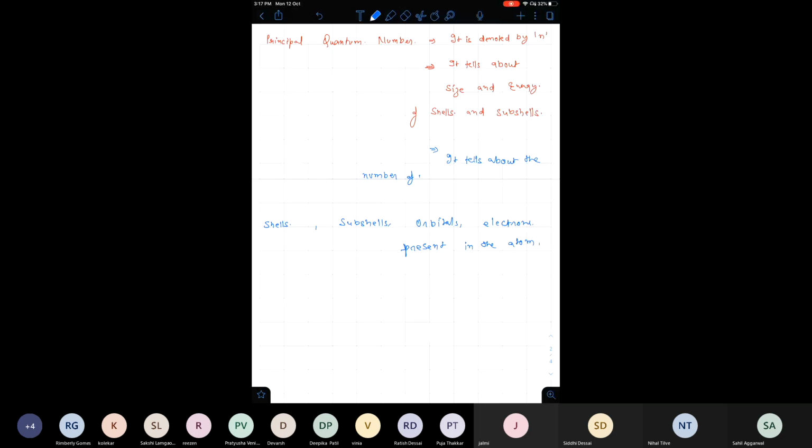In that subshell, there are different orbitals and electrons are present in those orbitals. So we have to specify in which orbital the electron is present. Understood?